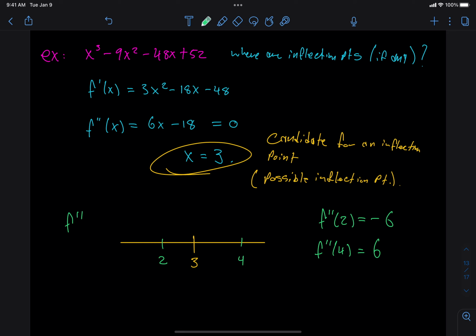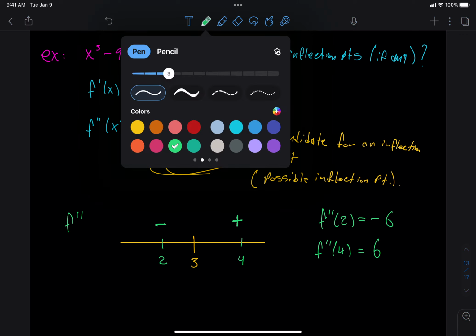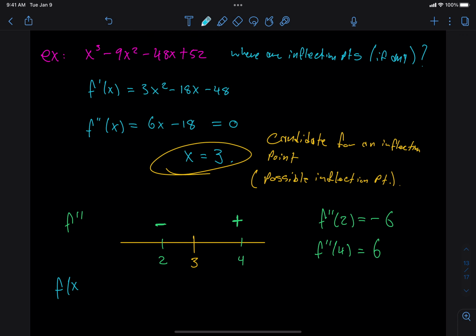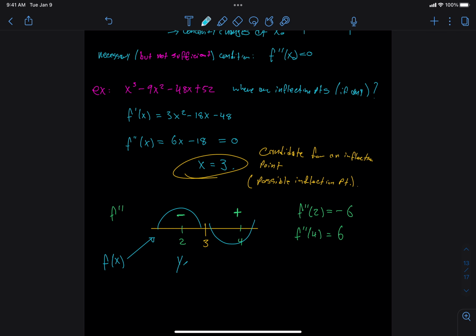So the second derivative goes from being negative to being positive, which means that the function itself, f of x, goes from, well, if the second derivative is negative, that means I'm concave down, and second derivative is positive means I'm concave up. Okay, so yes, there is one inflection point at x equals 3.